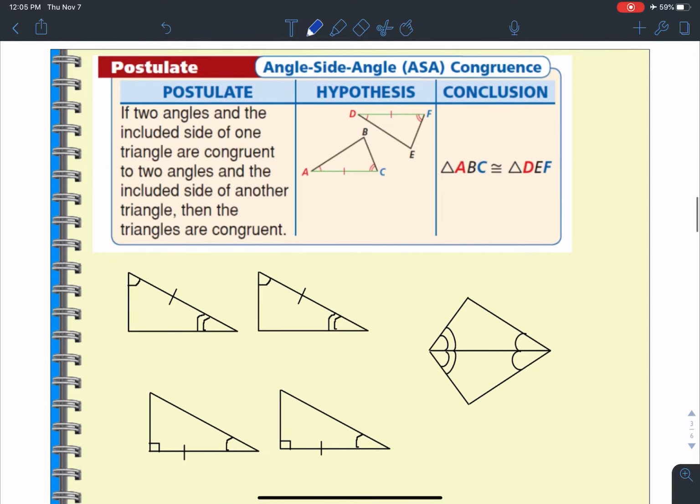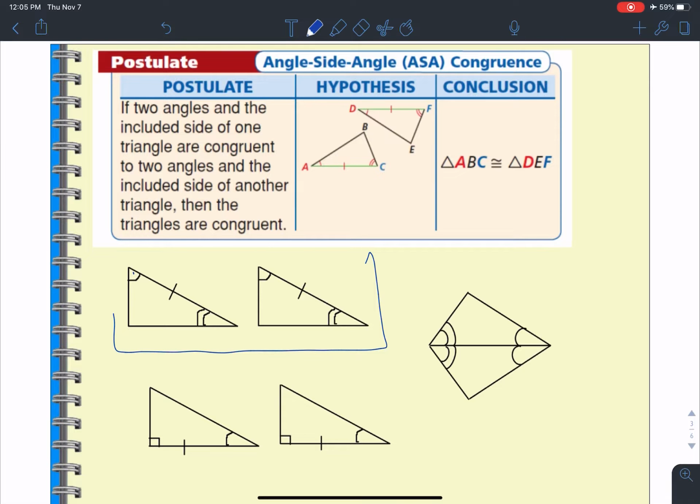The third one is angle, side, angle, where the side is in between. So in this first picture, you can see that it's an angle, the side, and then the angle in order, where the angle is adjacent to the side in the middle. This second picture over here, we have two angles, but then we have this side in the middle. So we have to assume that that side is congruent to itself.